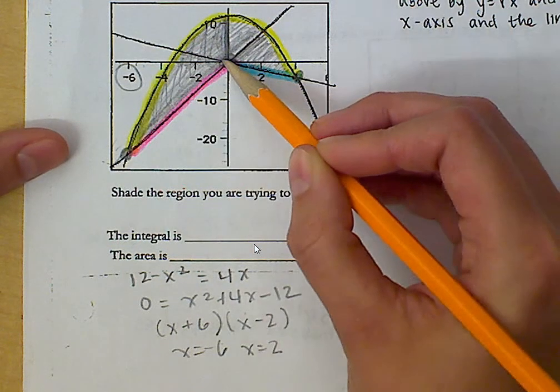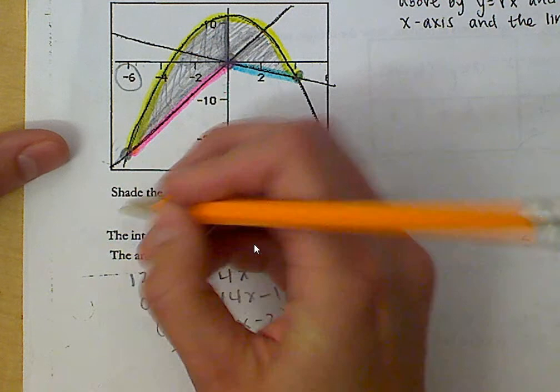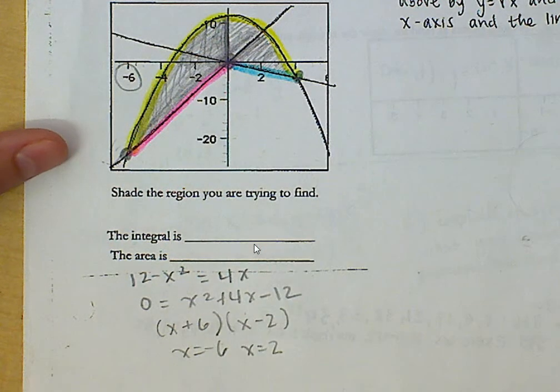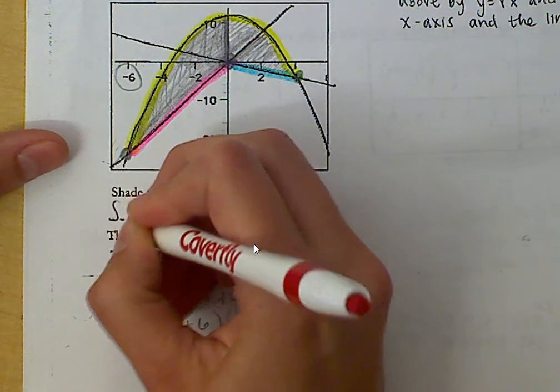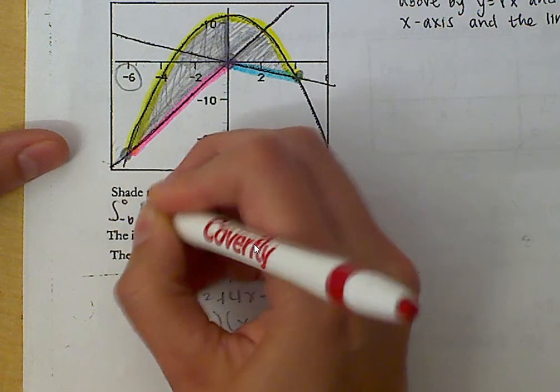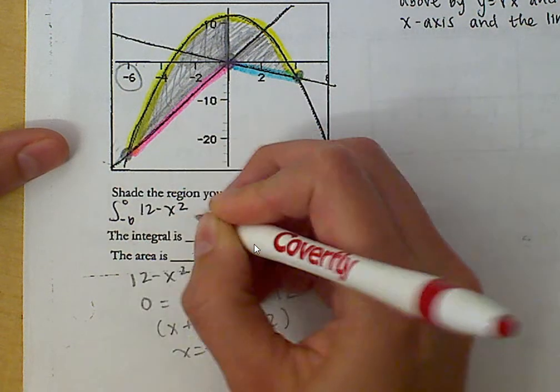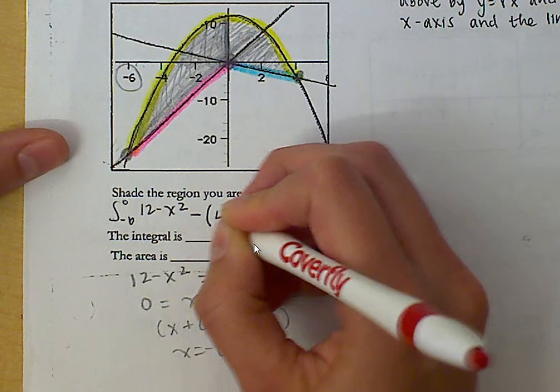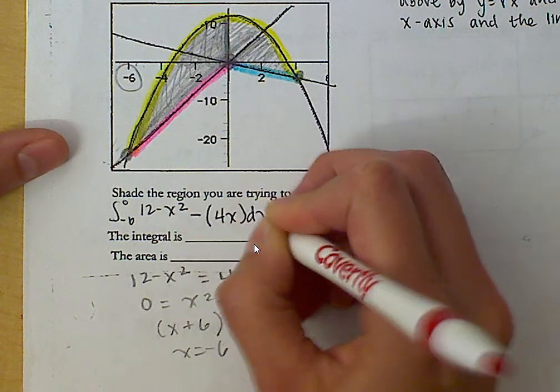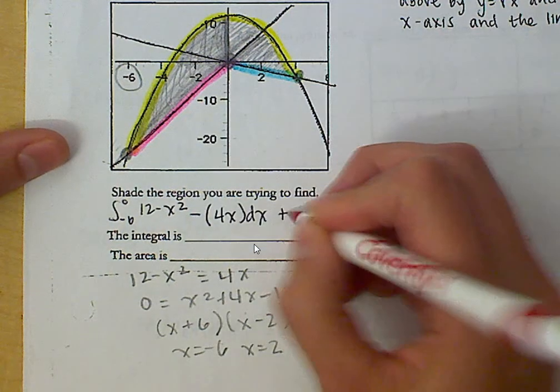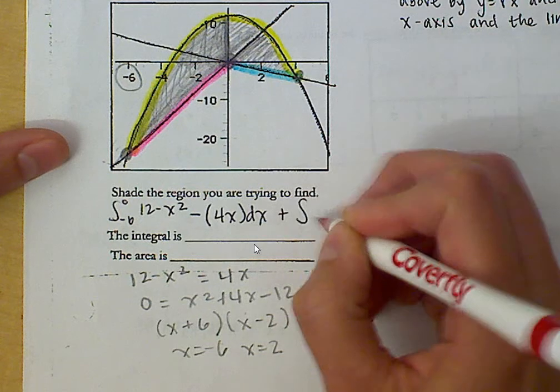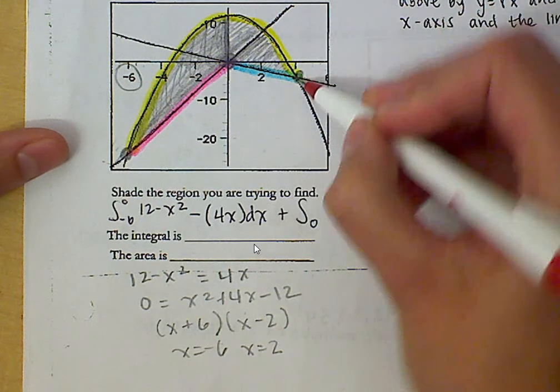So this first left integral will be the integral from negative 6 to 0 of 12 minus x squared minus the pink function, which is 4x, dx. And then I would add it with the integral from 0 to whatever this point is.